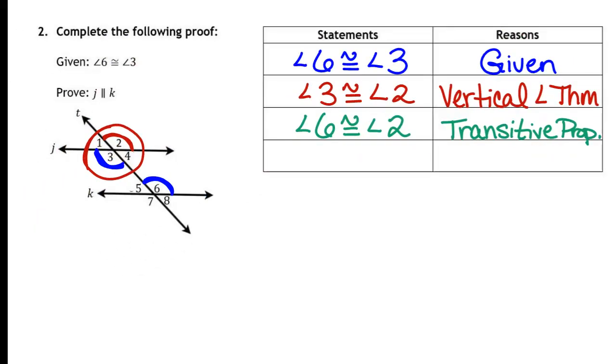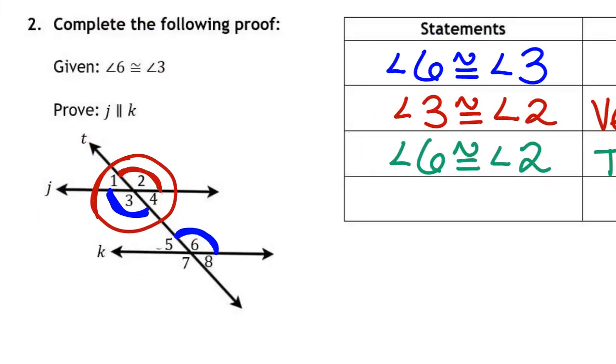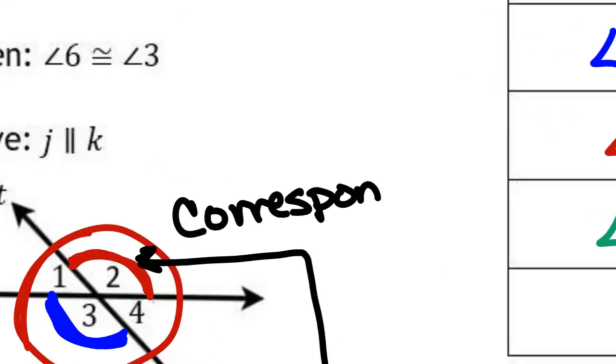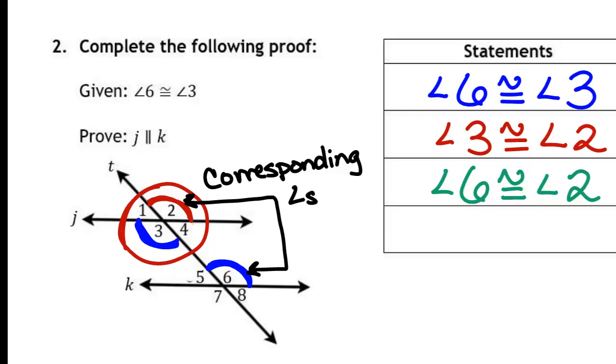I want you to look at angle 6 and angle 2. What do we call that angle pair? Upper right corner? Those are corresponding angles again. And I know I just showed that my corresponding angles were congruent.